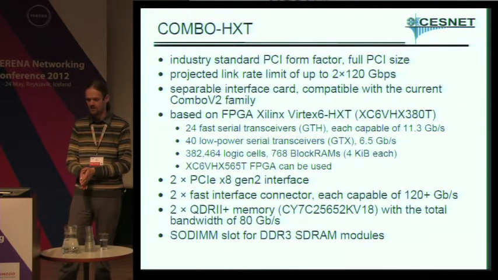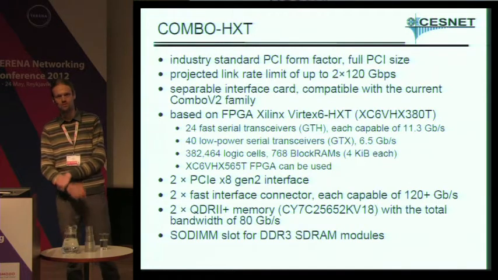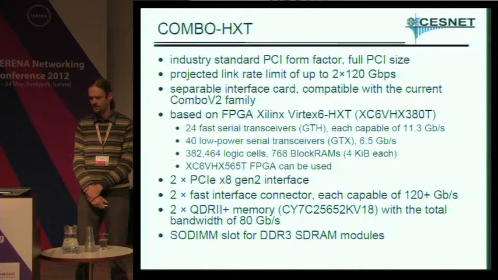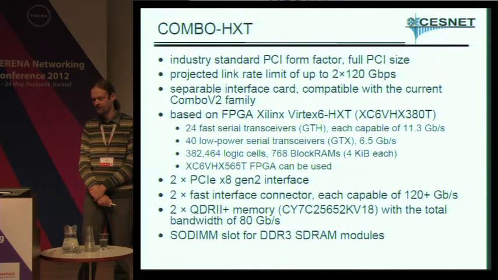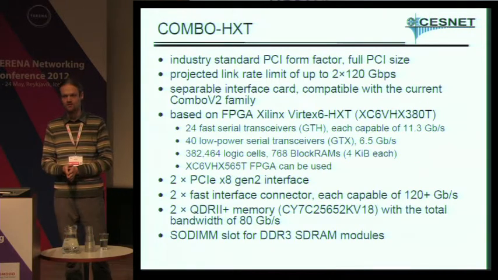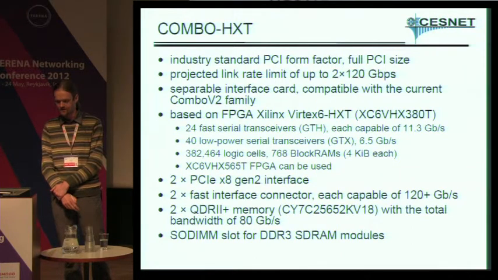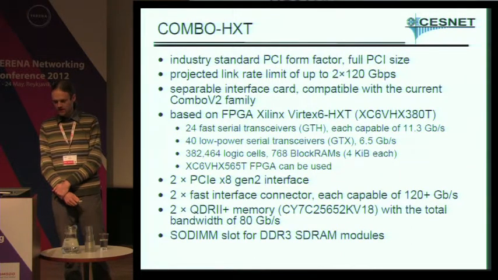The first one, the expensive one, is the mother card, the basic card, which is connected to the PCI Express slot, has the main powerful FPGA, and has connectors to the interface card, which has just the cages for optical transceivers, and can be exchanged if we need some different interface.